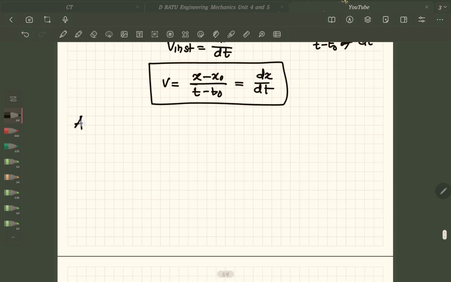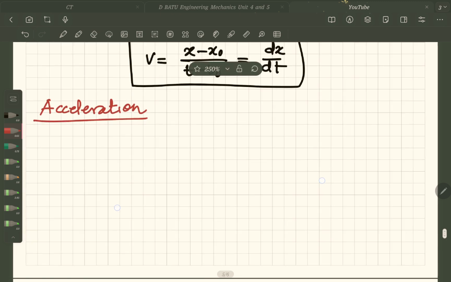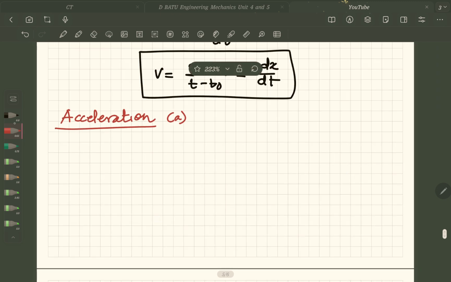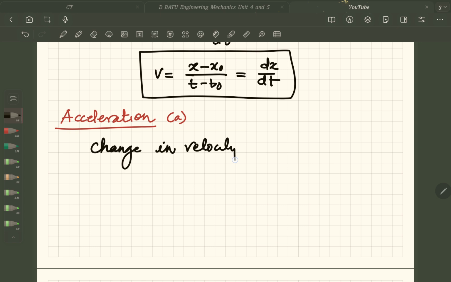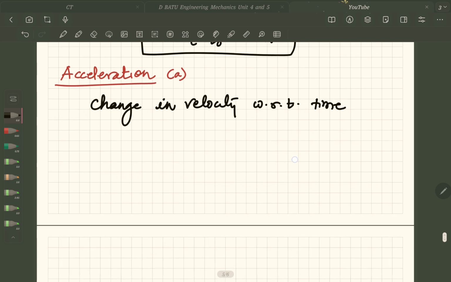Next is acceleration, which is generally indicated as a. As we have studied in physics, acceleration is defined as change in velocity with respect to time. In a similar manner to velocity, we have two parameters.